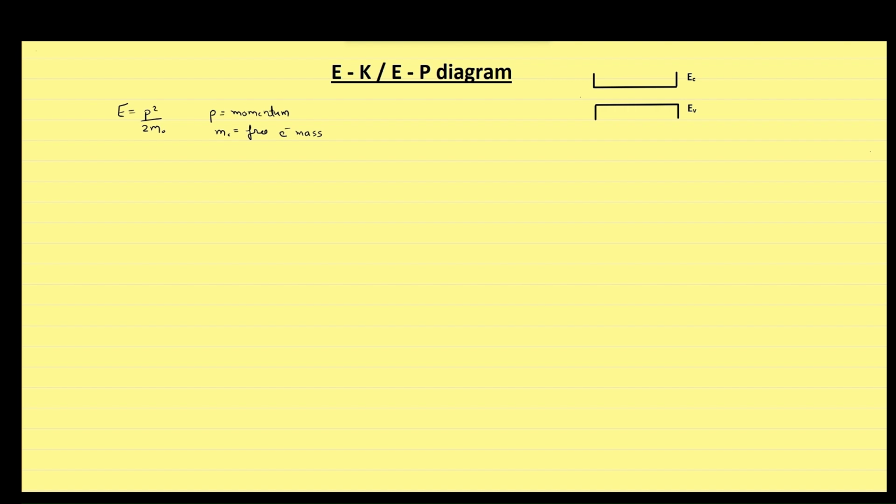But in a crystal, where there is a periodic rise and drop of potential, free electron mass cannot be used. In a crystal, m naught is therefore replaced by mn, where mn is the effective mass of an electron in the semiconductor.